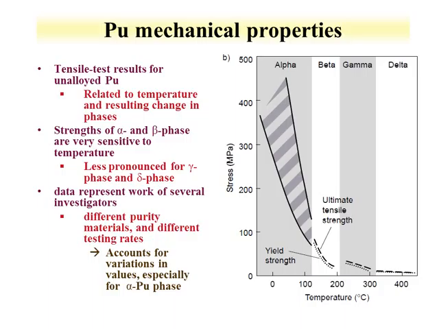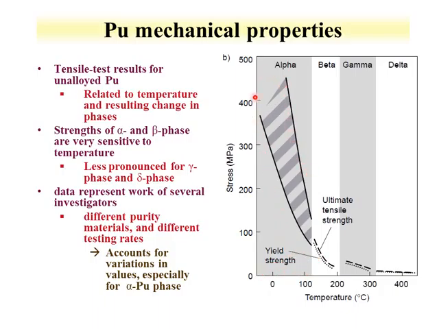Now, the ranges are fairly wide, and this is a compilation of different work, and there might be some variations in the behavior and properties of the materials, particularly for the alpha phase plutonium. That's why we get such a large range. But what is consistent is this large change in stress as a function of temperature.